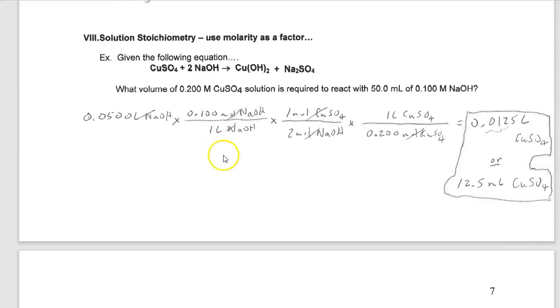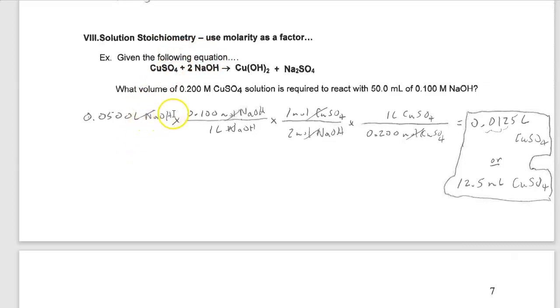That's moles to moles. So if I've got 50 milliliters, which is 0.050 liters of sodium hydroxide, let's see if I can get to moles of sodium hydroxide somehow. If I can get to moles of sodium hydroxide, then maybe I can get to moles of copper sulfate, and if I can get to moles of copper sulfate, maybe I can get to liters of copper sulfate somehow. Does that make sense?